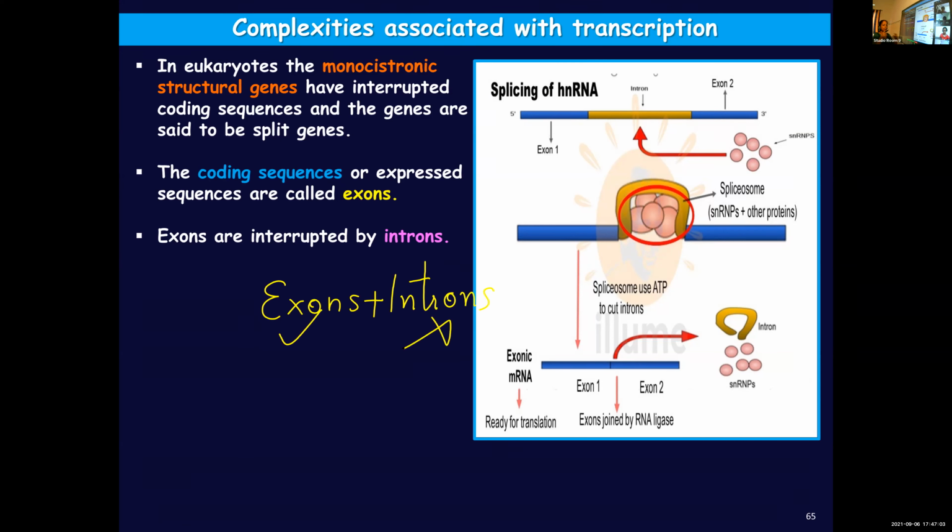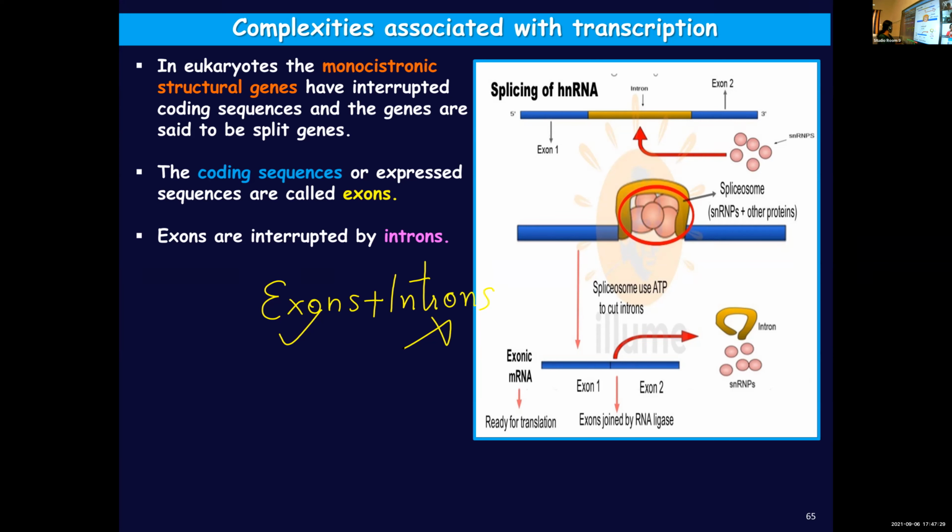In that particular gene, coding sequences which have to be expressed are present. Along with that, something which needs to be removed is also present. Some interruptive sequences are also present. So what is to be done? Those should be removed. Introns should be separated and exons should be joined together.